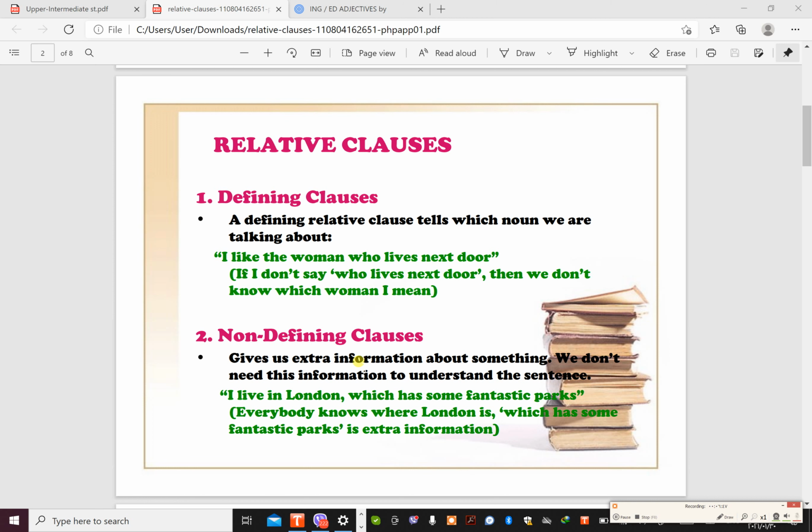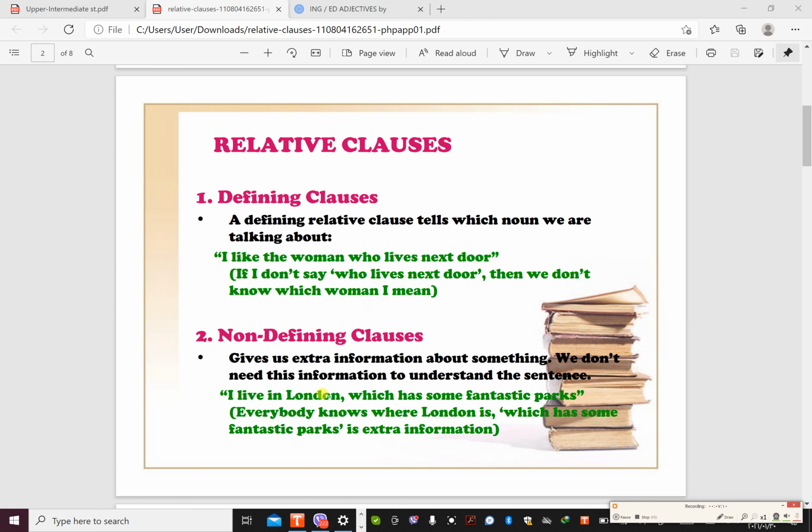While if it is a non-defining clause, that just gives extra information, it is not necessary. So if you delete it from the sentence, it keeps the same meaning, and the meaning is understood by others. For example, I live in London. Who basically doesn't know London? Everyone knows London, okay?